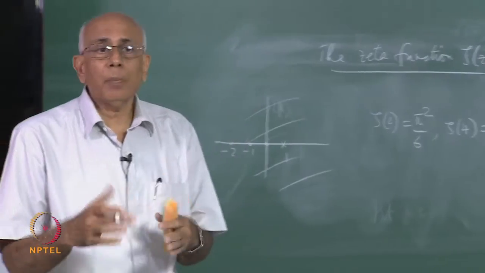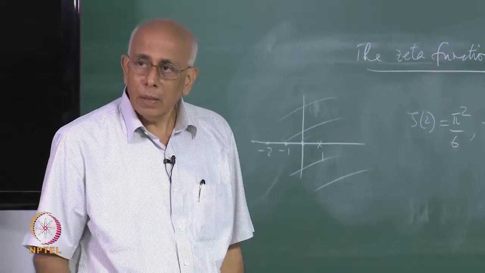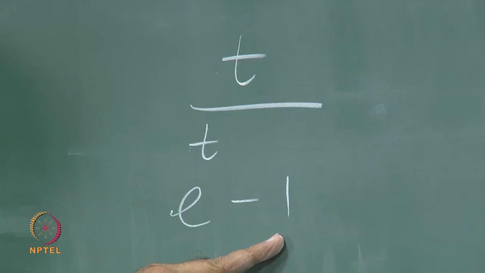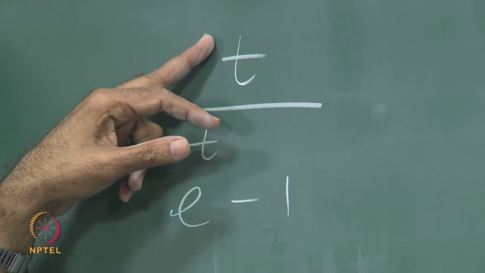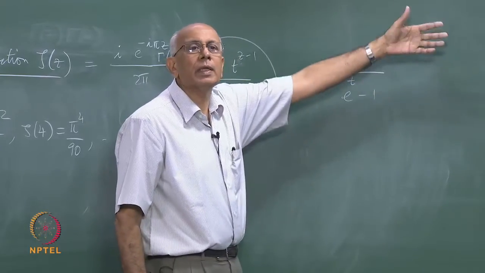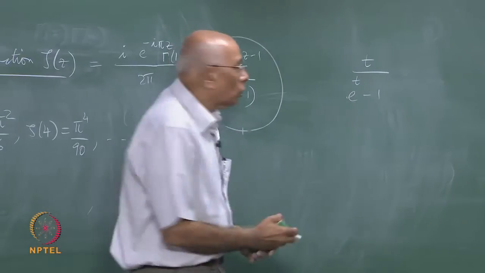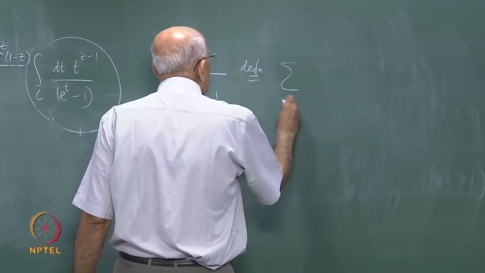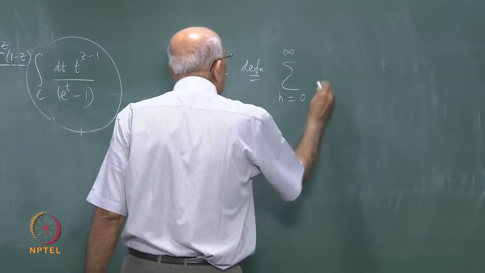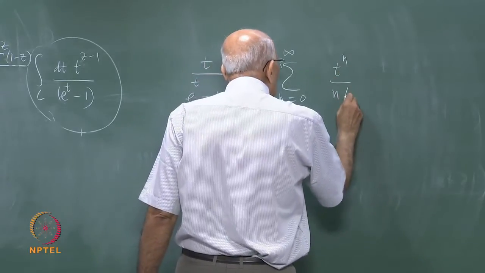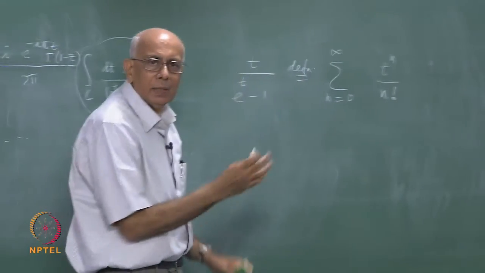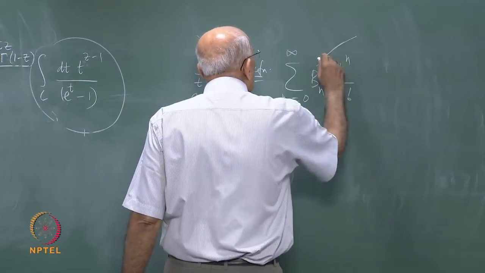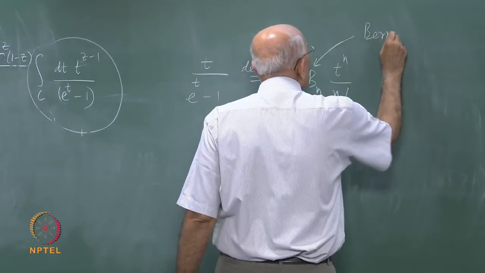This can be expanded in a power series in t, because near t equal to 0 this thing goes like t in the denominator, and that cancels against this, so it gives you 1 as a leading term, and then the next term is of order t, t squared, etc. So if you expand this in a power series, this by definition is written as the sum from n equal to 0 to infinity of t to the n over n factorial, because there is an e to the t here, and I will explain what role this plays, multiplied by something called b_n, and these are the so called Bernoulli numbers.